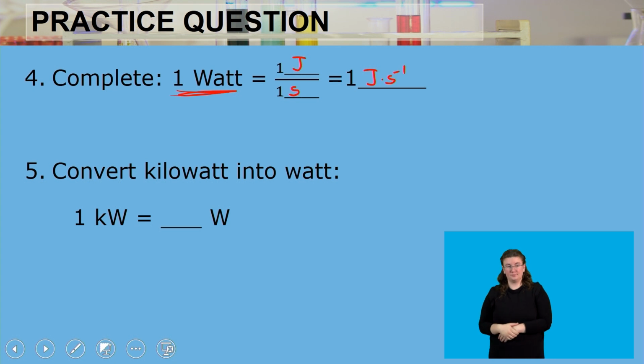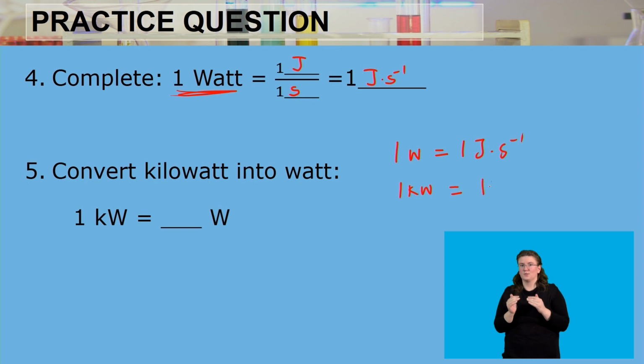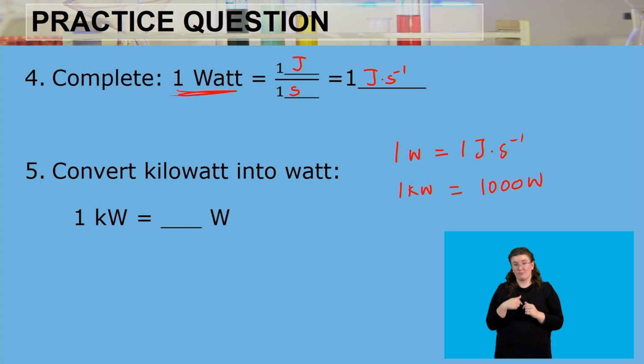Now question 5 is asking us to convert kilowatt into watt. What we need to remember is that 1 watt is 1 joule per second, which means 1 joule over 1 second. And also 1 kilowatt is equal to 1000 watts. So when we are given kilowatts to convert into watts, you simply multiply by 1000.